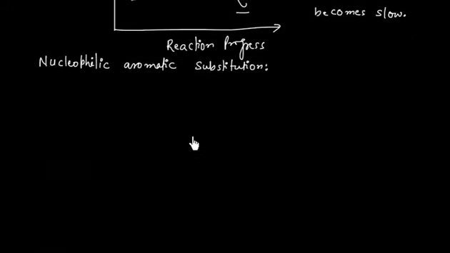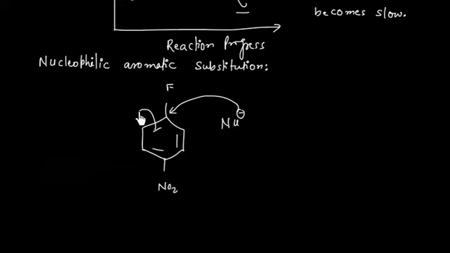So in case of nucleophilic aromatic substitution, the first step is attack of nucleophile, and this step is slower step because we have lost aromaticity.